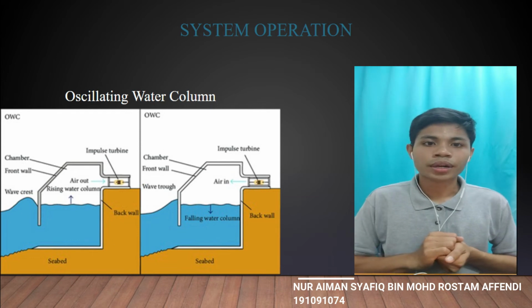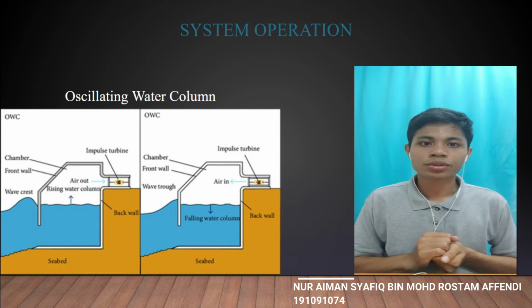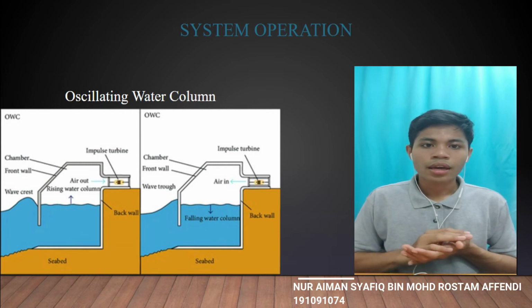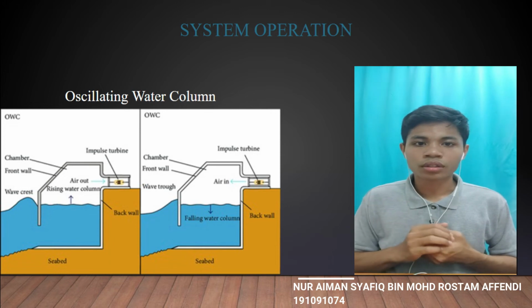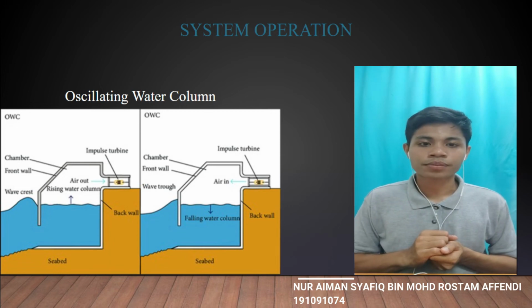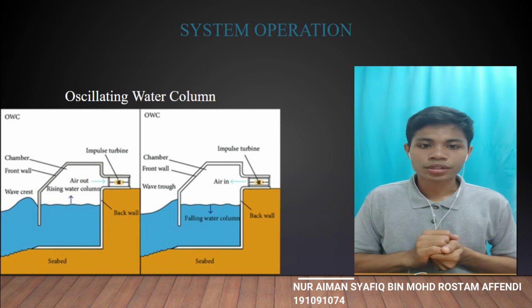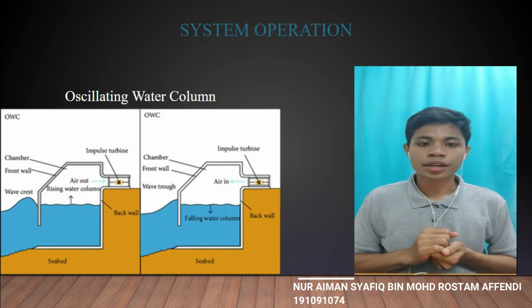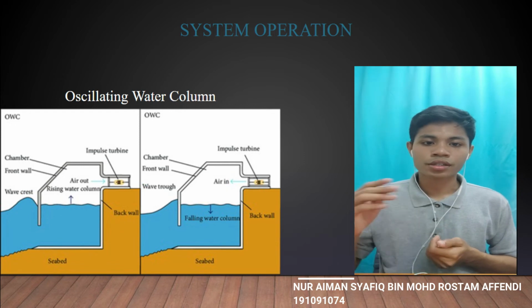Seawater enters the breakwater facility's air chambers through the front aperture. When the water enters the chamber, the air inside is compressed and pushed out the top aperture at high pressure. The turbine, which is attached to the generator, is turned by the high pressure air, which produces energy.